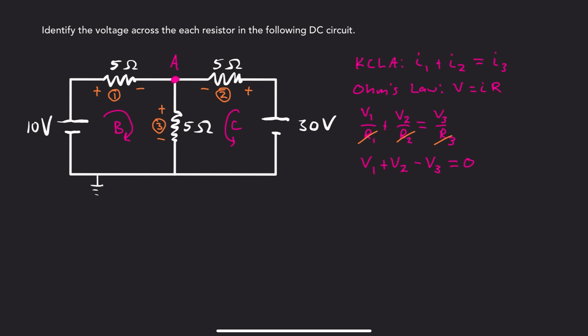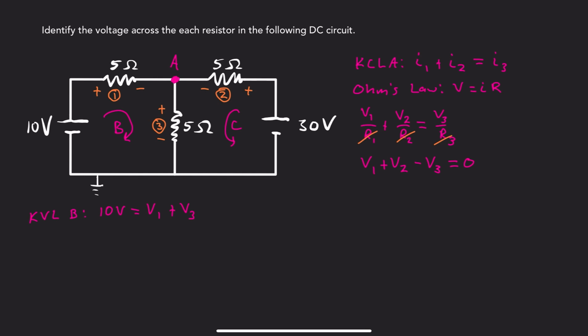So now we'll proceed to Kirchhoff's voltage law for loop B. So the rises equals the drops. So 10 volts is equal to V1 plus V3. As we go around this loop, we have a voltage rise of 10, a voltage drop of V1, and a voltage drop of V3 before returning back.